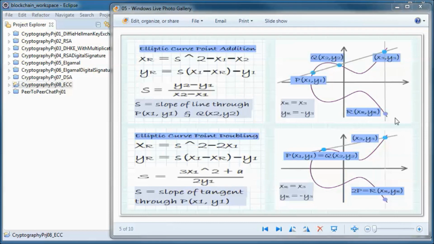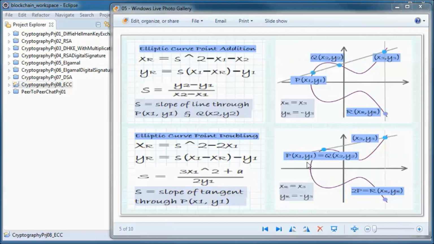So we end up with point R with coordinates xr, yr, where xr is equal to x3 and yr is equal to minus y3, and x3, y3 is the third intersection point of the curve with the line.